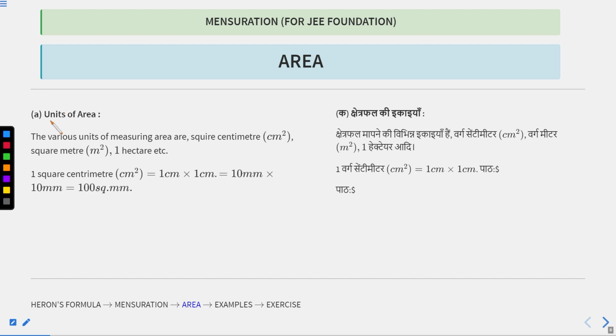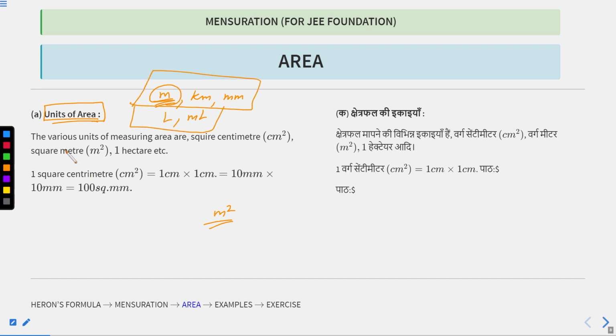So units of area. In length measurement, meter is the main base unit, and then we use kilometer, millimeter, and other units. In liquid measurement, liter, milliliter, etc. And in area, the unit is similar, but meter square, it is 2 times of the previously learned units.